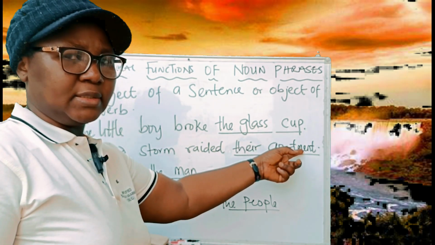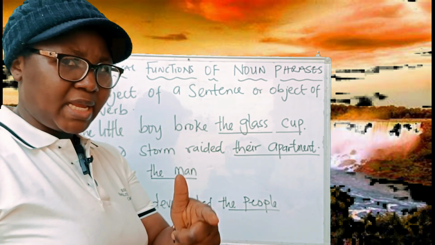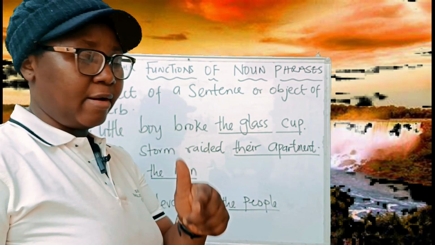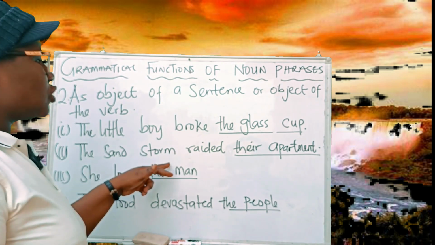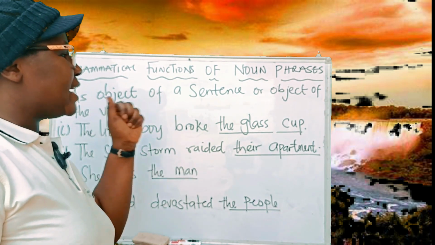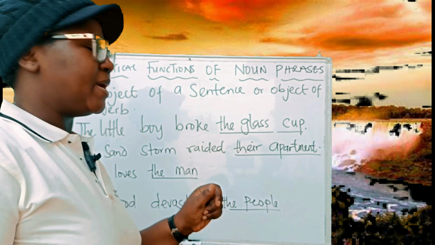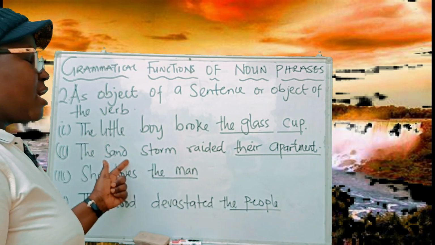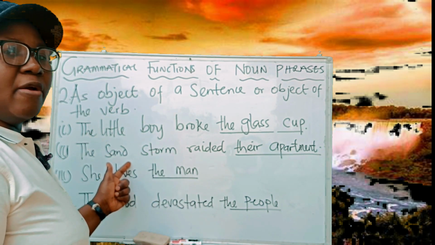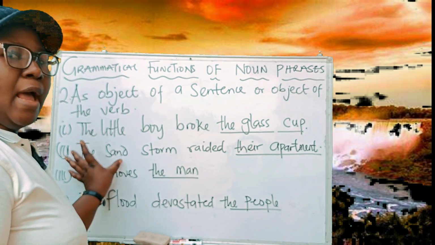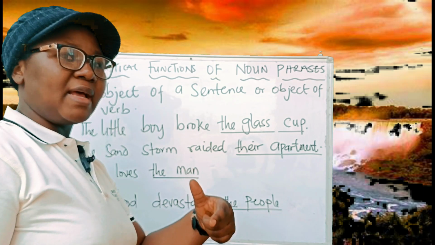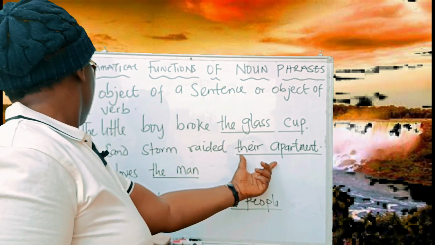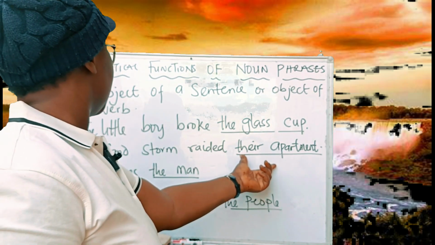Do you understand that? Alright, if you do, let me make it clearer with the second example. Number two, the sandstorm raided their apartment. The sandstorm is an NP functioning as a subject, performing the action of raiding, and what suffers the action is the apartment.